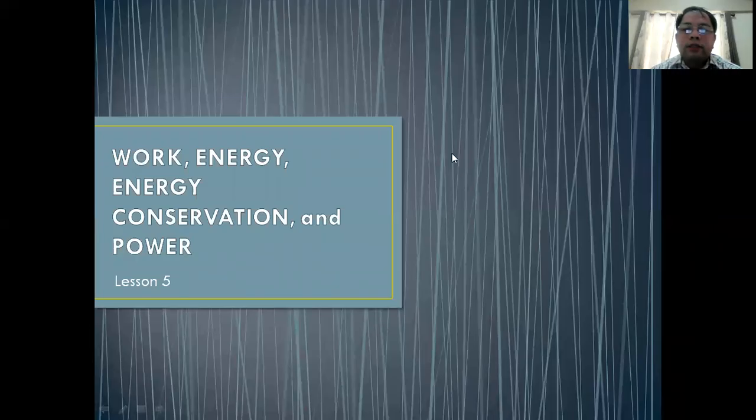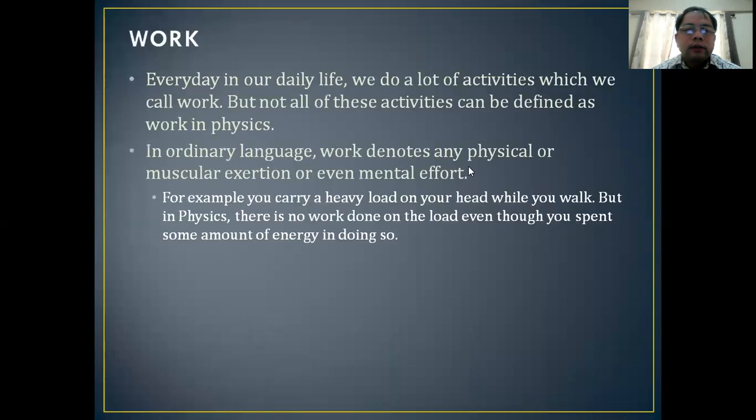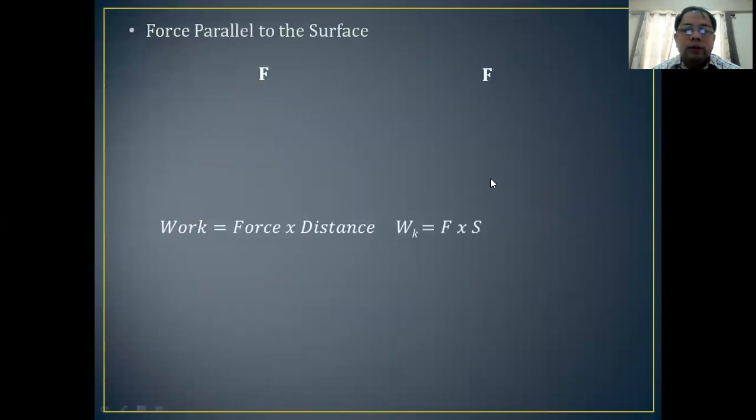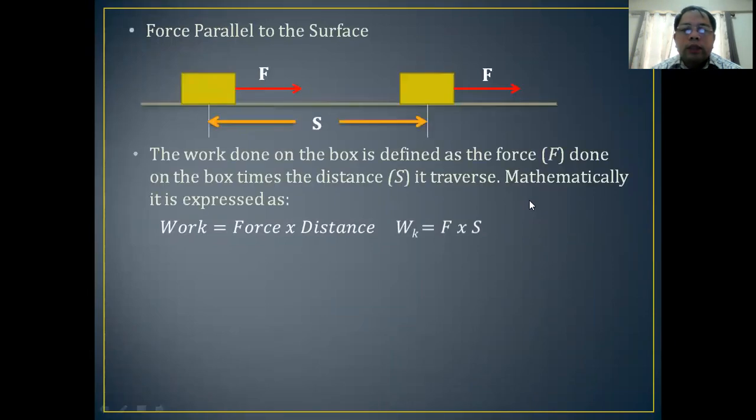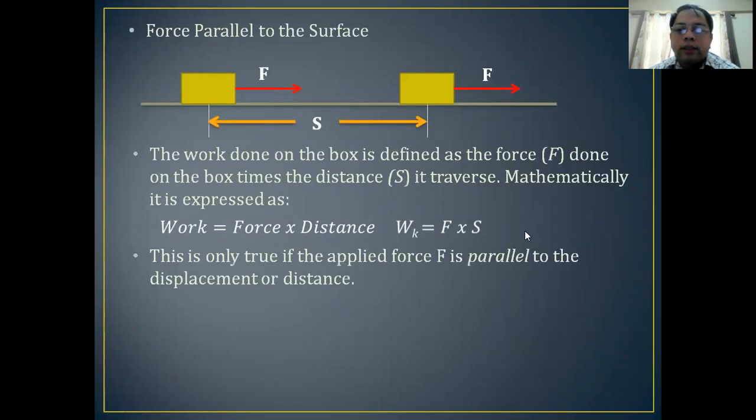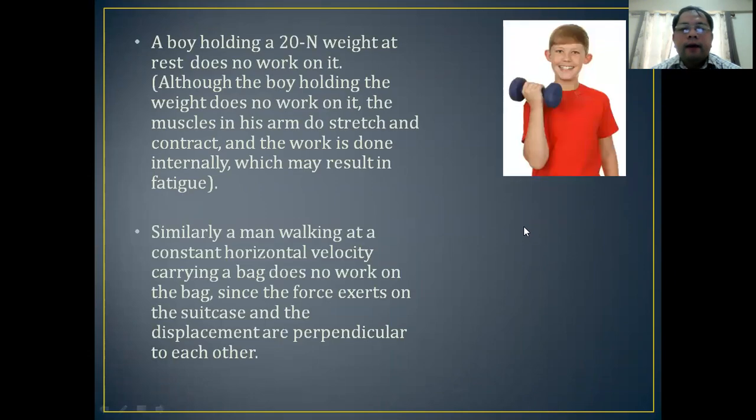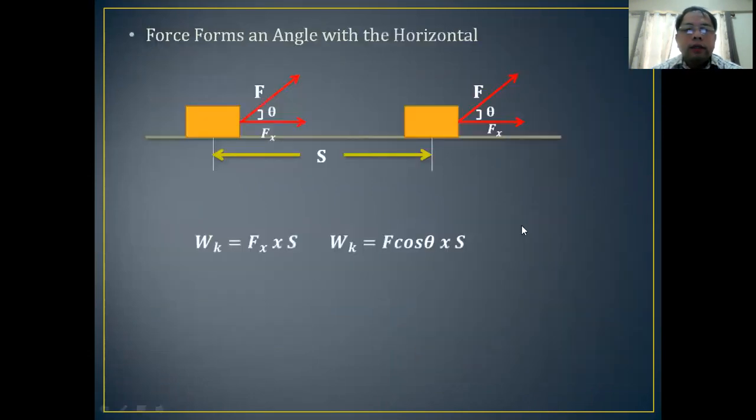Okay, so we have a description of work from last time. So this is our description of work. Force times distance is our very basic definition of work. Now, when an object is being pulled at a certain angle, we use a component.